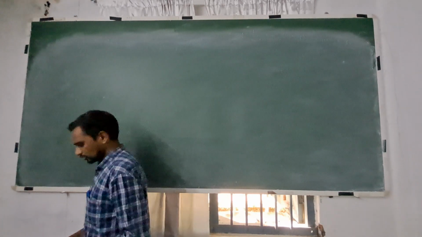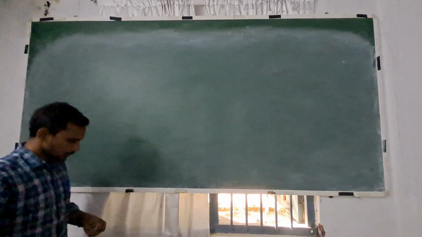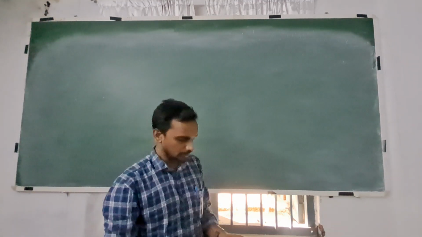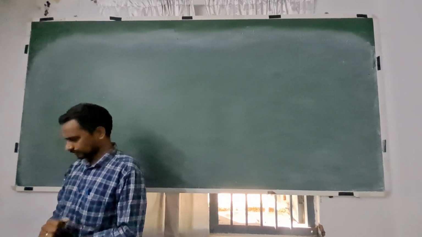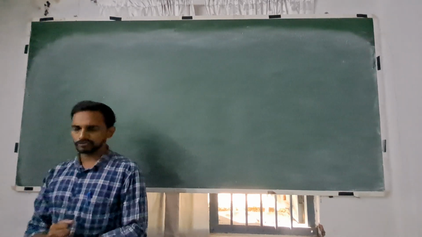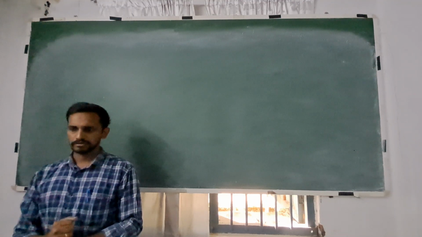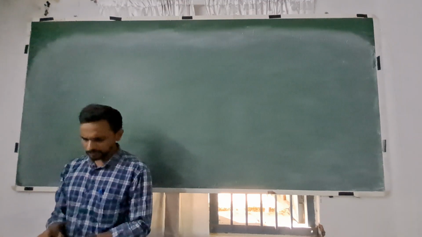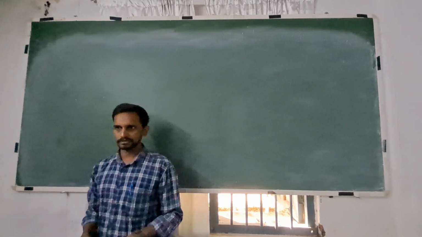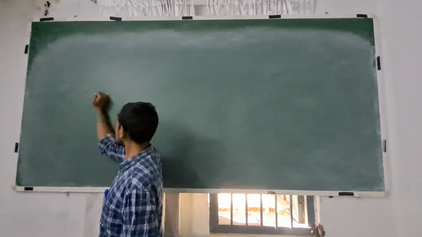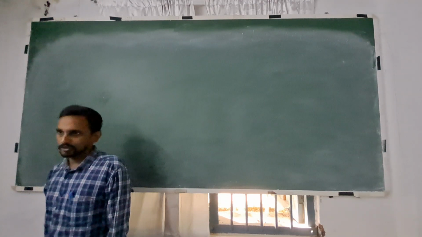Right. So I'll go into a little more detailed way. So I'll start with the basics. In the periodic table, what are the elements that are stable? The elements that remain stable are noble gases.